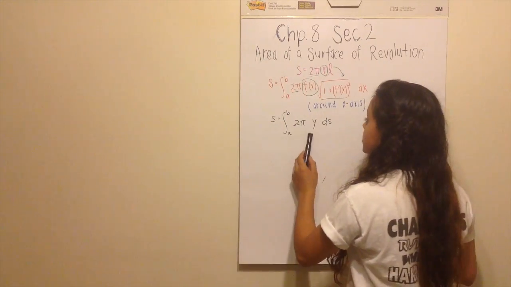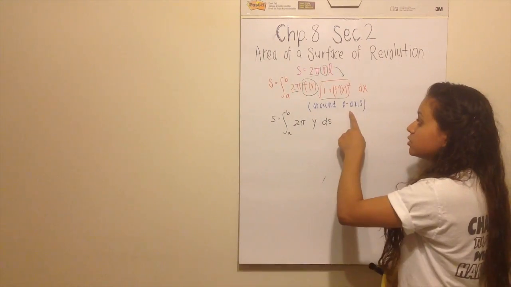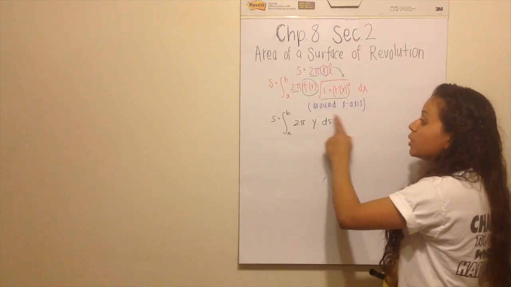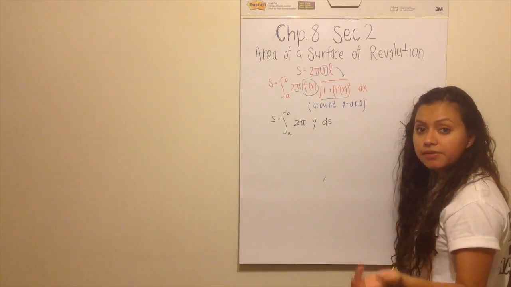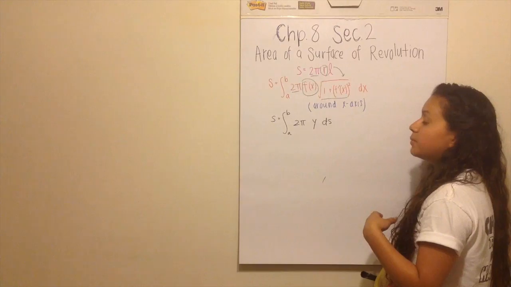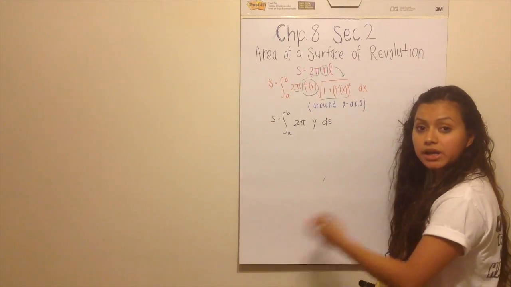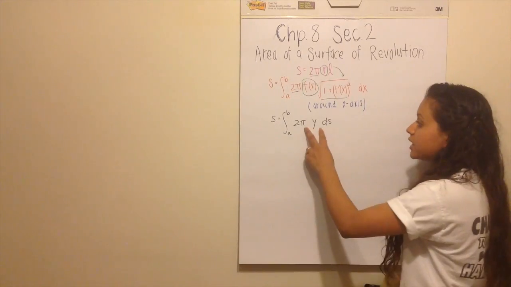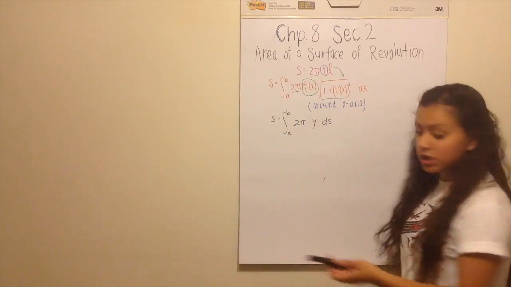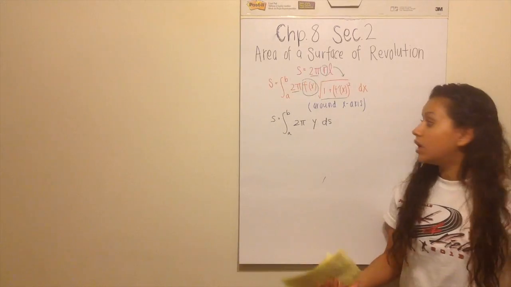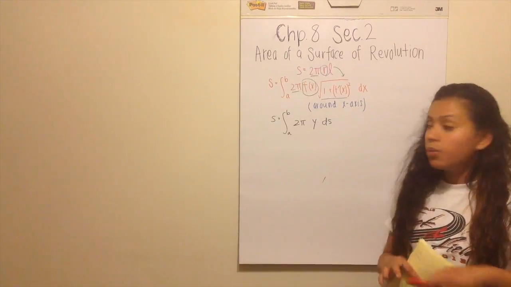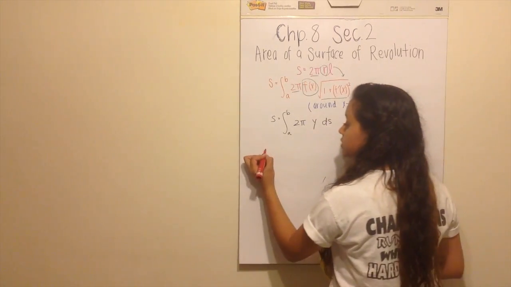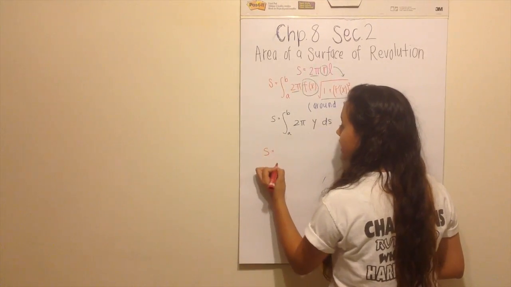And this you get to use when, for example, they tell you to revolve around the x-axis, but your equation is in terms of y, and your intervals are in terms of y. So when they're opposite that way, you get to use this one. The same thing goes when it's revolving around the y-axis.